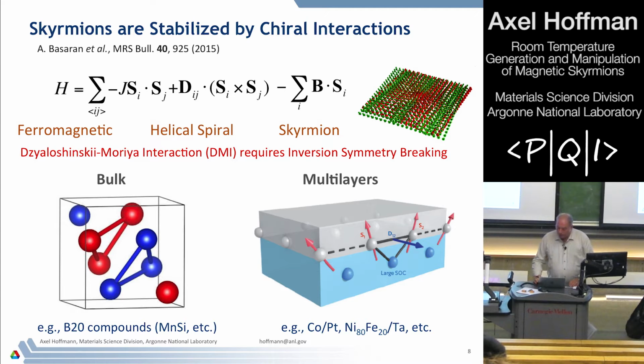Now, it turns out, if you have a material that does not have structural inversion symmetry, then you can have an additional term coupling the two spins next to each other. Besides this so-called symmetric exchange interaction, which is symmetric because it doesn't matter which way you look at the spins, you can have an antisymmetric or chiral exchange interaction.